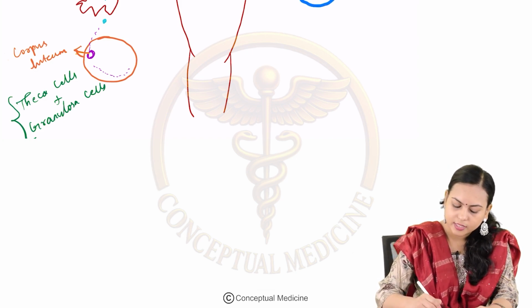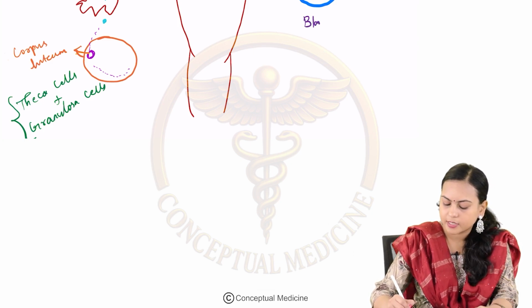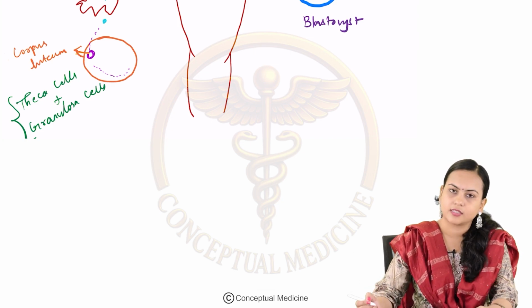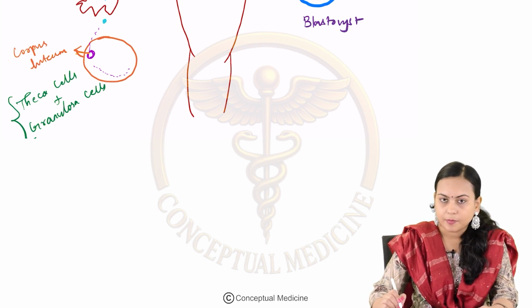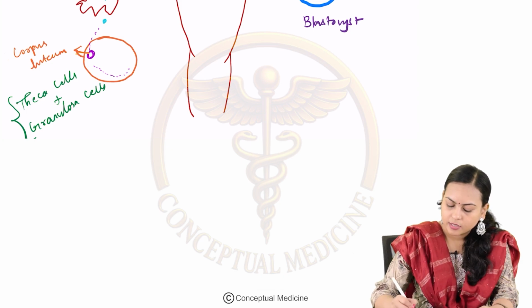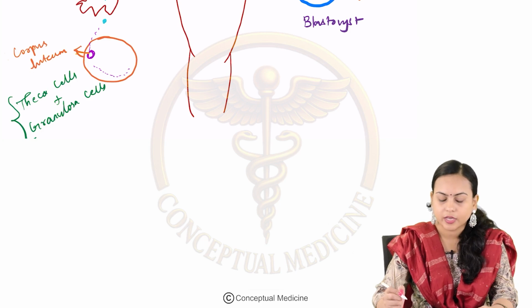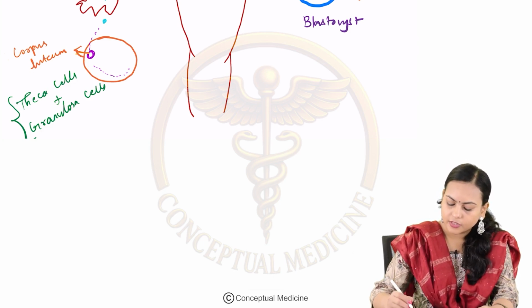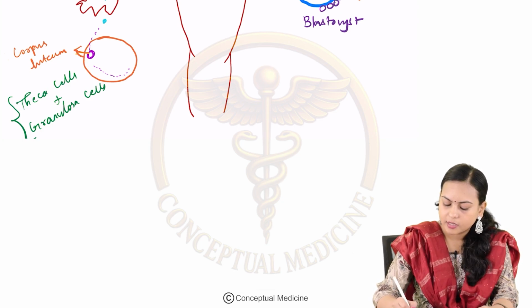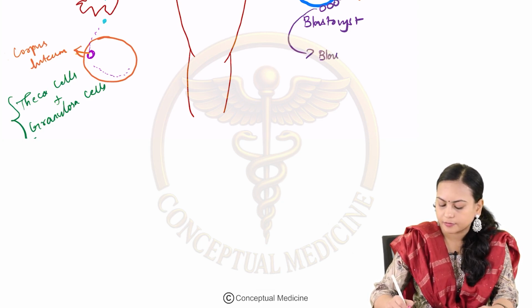This structure is known as the blastocyst. One is the inner cell mass, and the outer layer of cells is the outer cell mass, also known as the trophoblast.